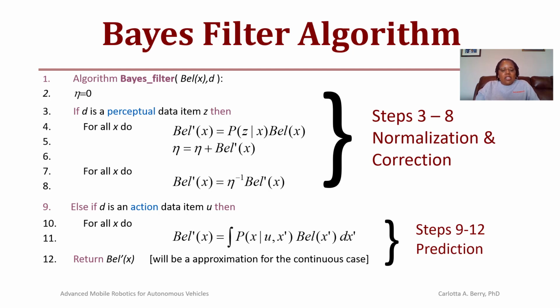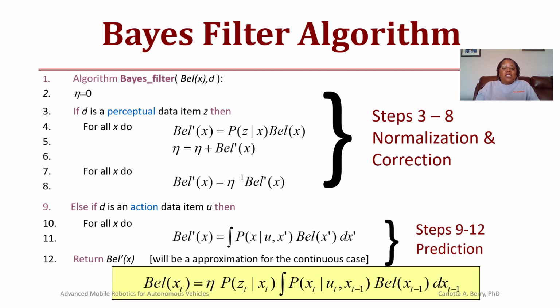So for all x, find the belief based upon that integral, or if it's discrete, based upon that summation of the probability of x given u and x prime, times the belief of x prime, dx prime, which is based upon our previous state. So you would add those two together, and that will now give you an approximation for the continuous state, or maybe the sum for a discrete case, of the robot's belief using recursion.